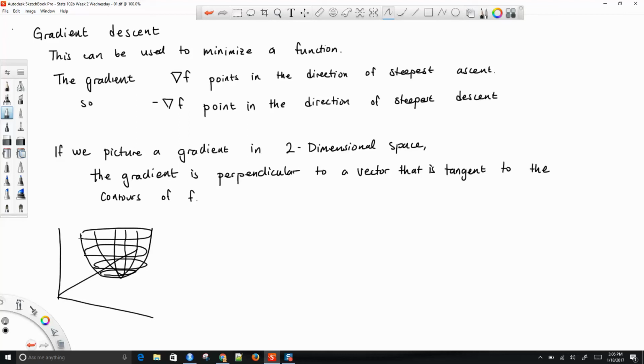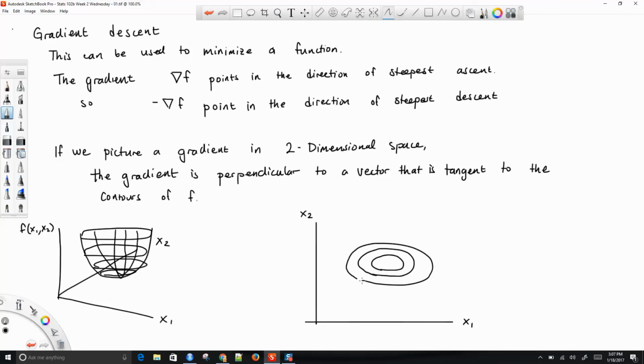So this is x1, and this is x2, and this is our f of x1 and x2. We can also plot it this way: x1, x2, and perhaps we have some kind of contours like this.